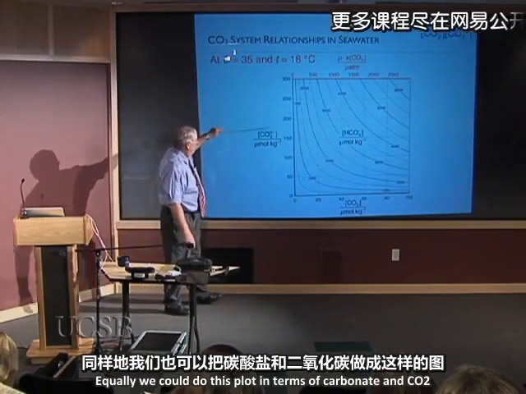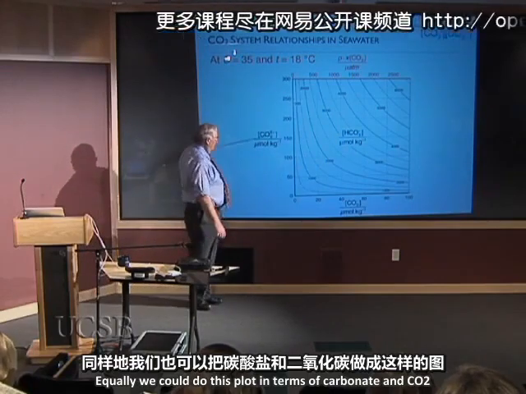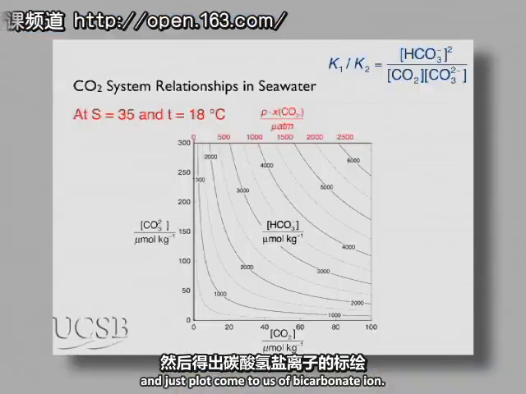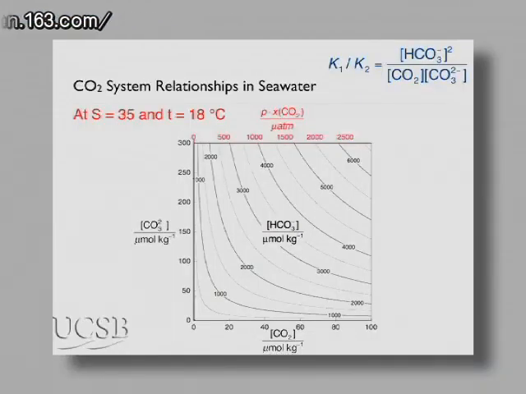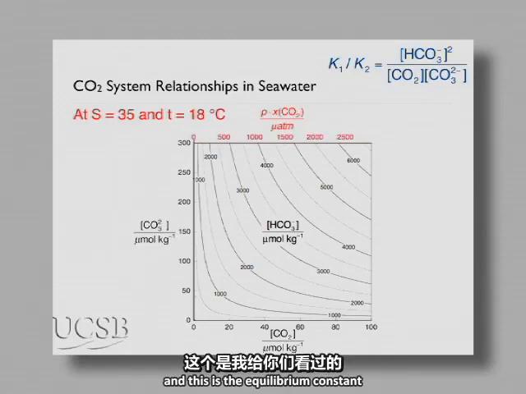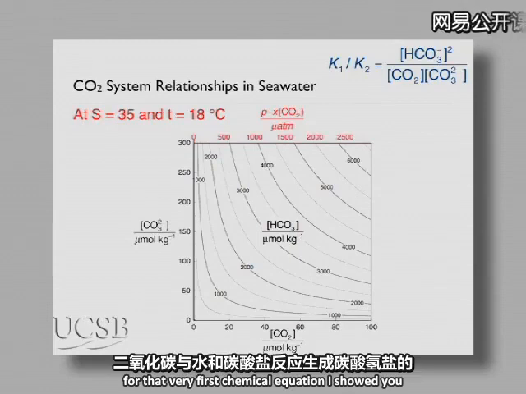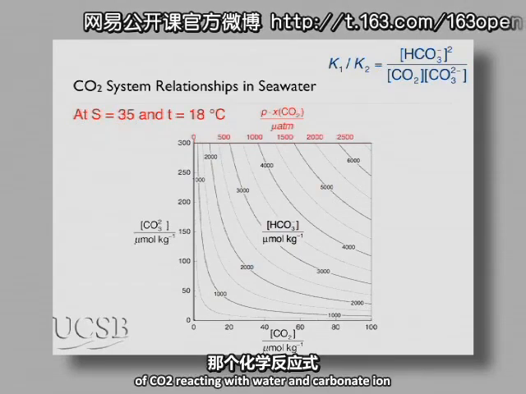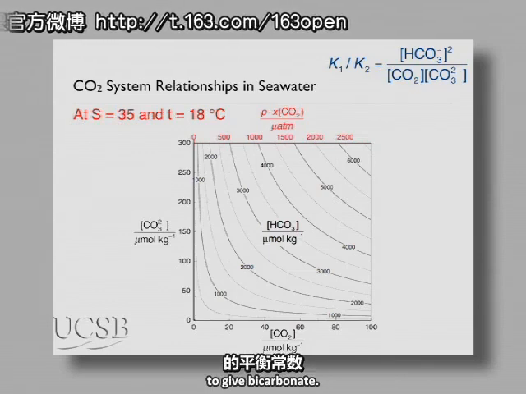Equally, we could do this plot in terms of carbonate and CO2 and just plot contours of bicarbonate ion. The equilibrium constant relating them is this one, and this is the equilibrium constant for that very first chemical equation I showed you of CO2 reacting with water and carbonate ion to give bicarbonate.